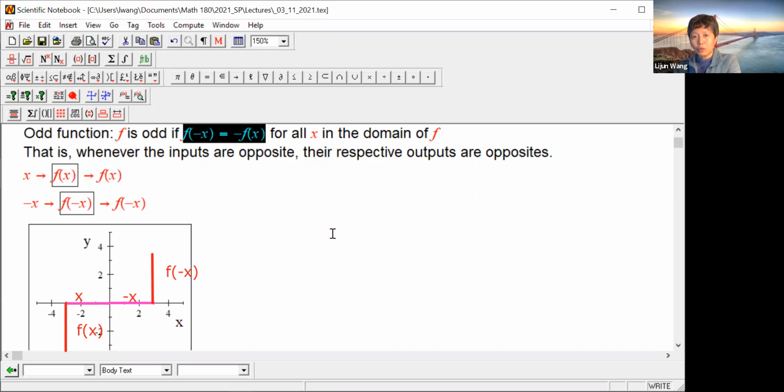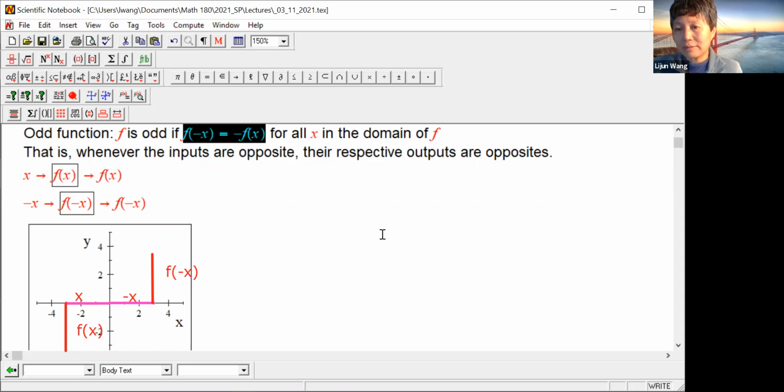Can we identify other functions that are either even or odd or neither? There's a third category in terms of even and odd, and there's a neither case. There are functions that are neither even nor odd.